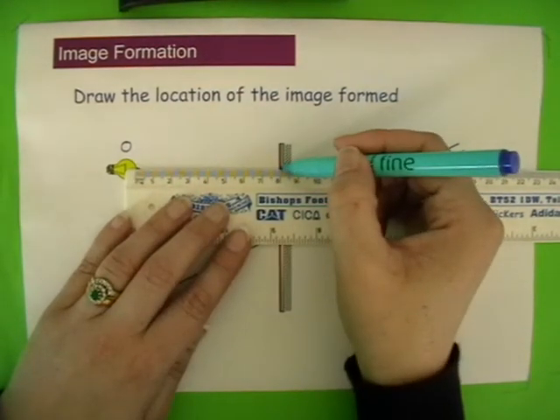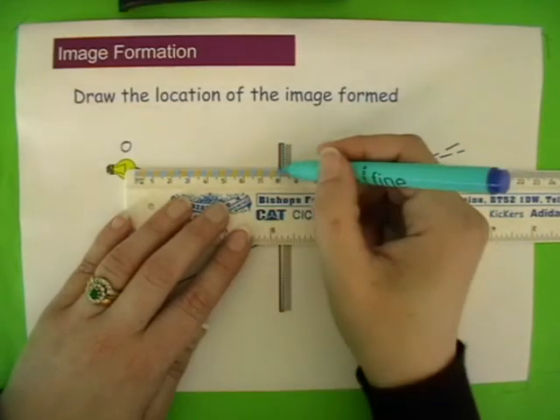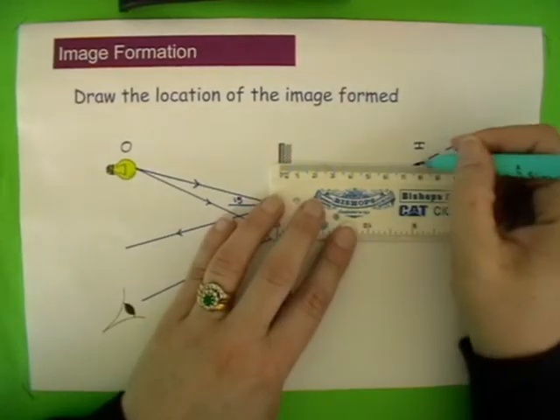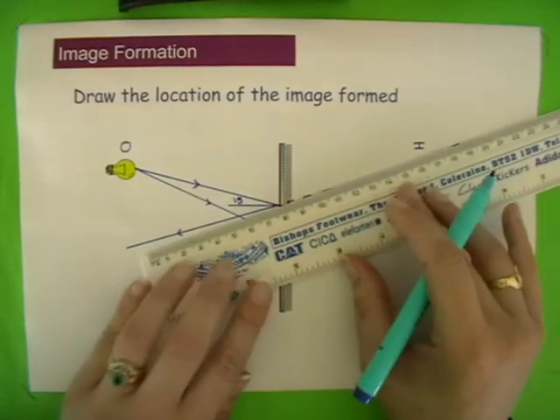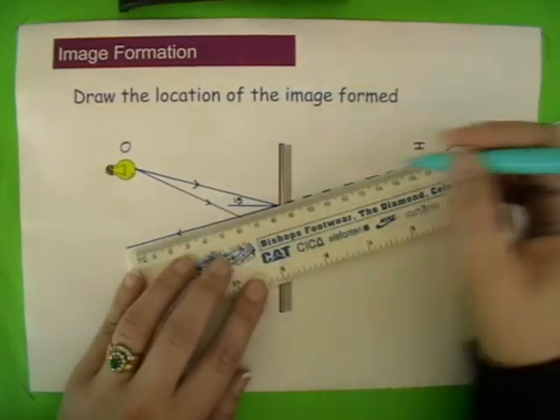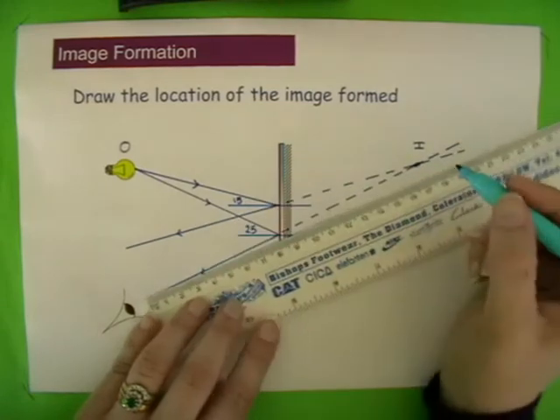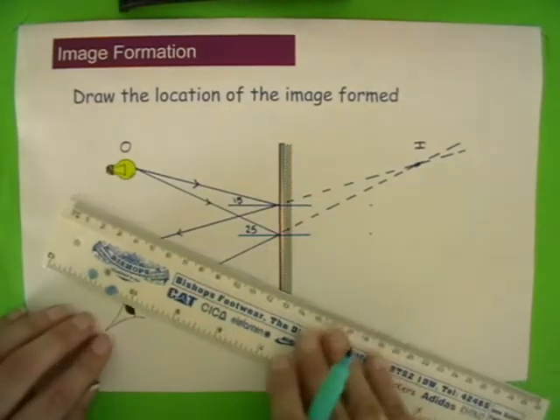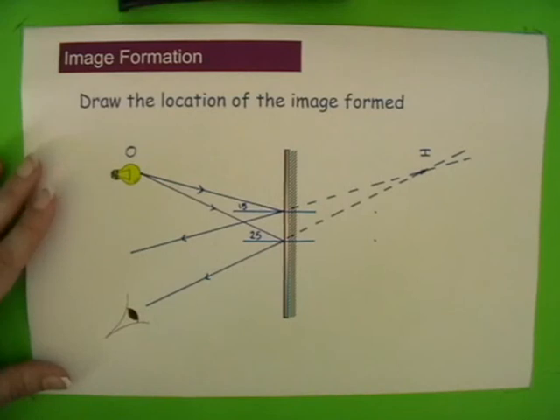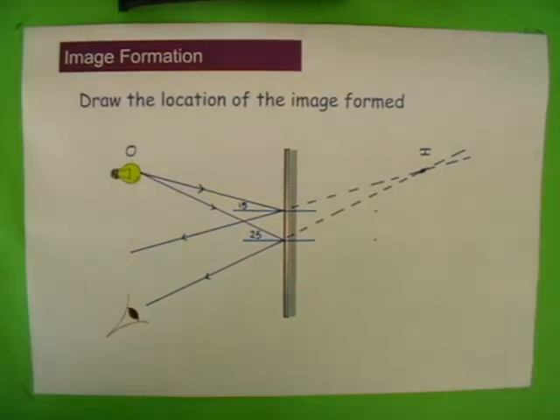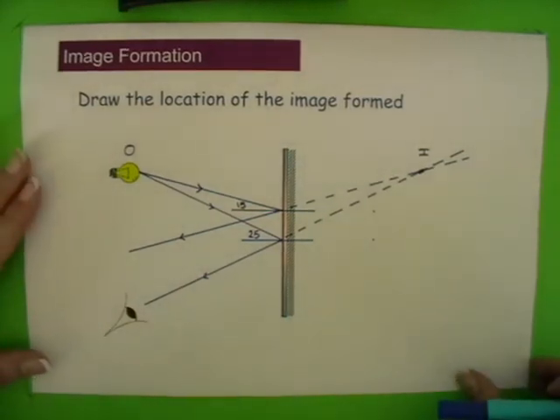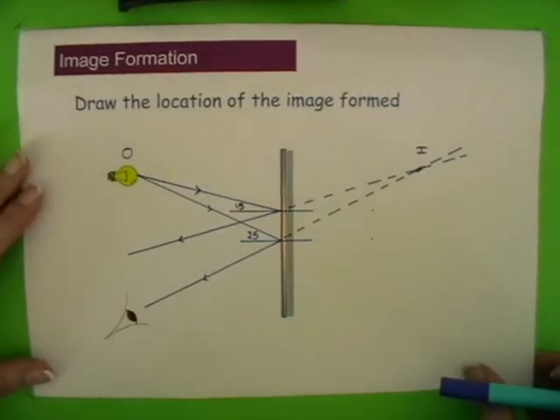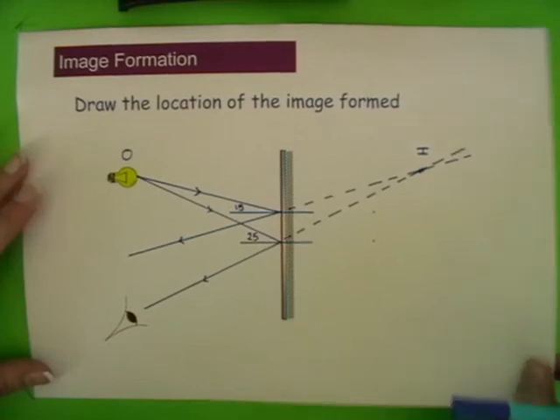Measure the distance, then measure the same distance from the back and put a dot and draw these backwards as a dotted line with a ray, a dotted line with a ray, and then draw in your incident rays back to front. Both of these techniques are something you should practise on several occasions before the exam so that you are able to draw them accurately and efficiently, so that it doesn't use up a lot of your time in the exam.